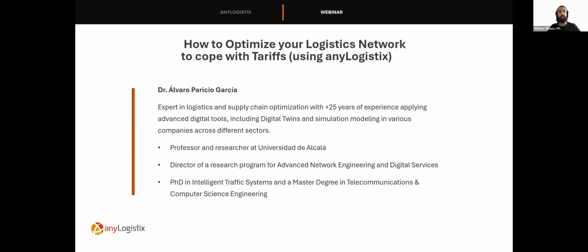He's also a director of the Cátedra Más Móvil Research Program for Advanced Network Engineering and Digital Services, and he holds a PhD in Intelligent Traffic Systems and a master's degree in Telecommunications and Computer Science Engineering. So Álvaro, thank you very much for joining, for giving us this flexibility and to show us how you're using the tool. I'll leave you to it, and please feel free to take over.